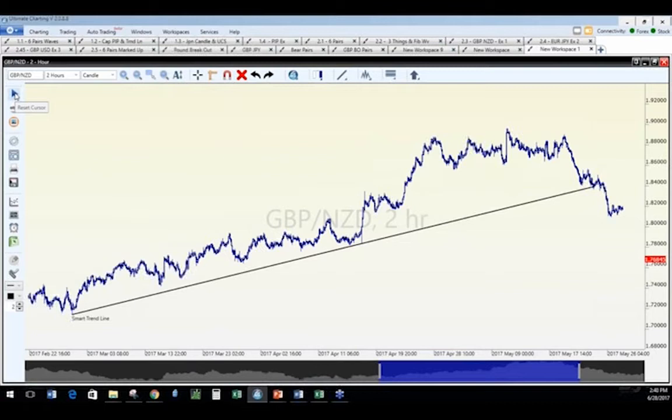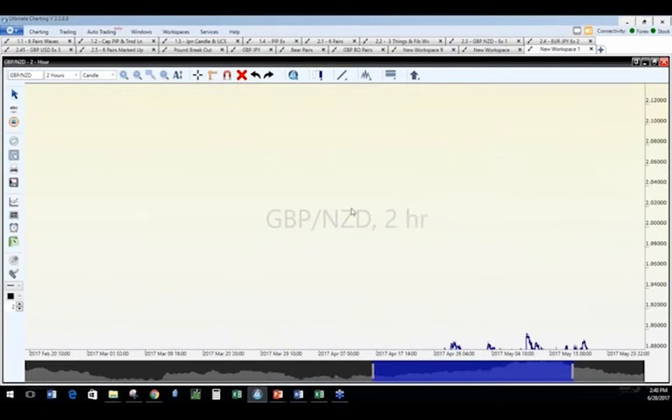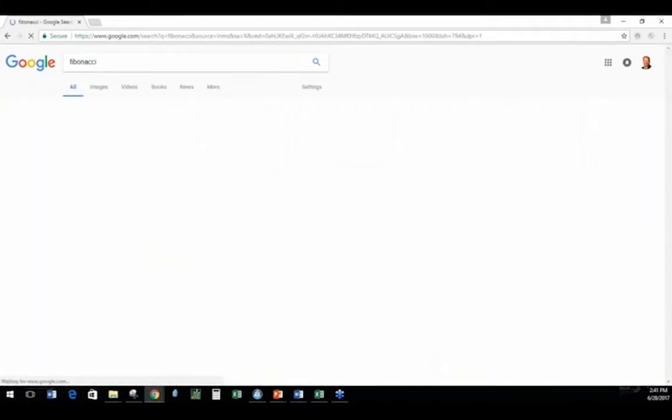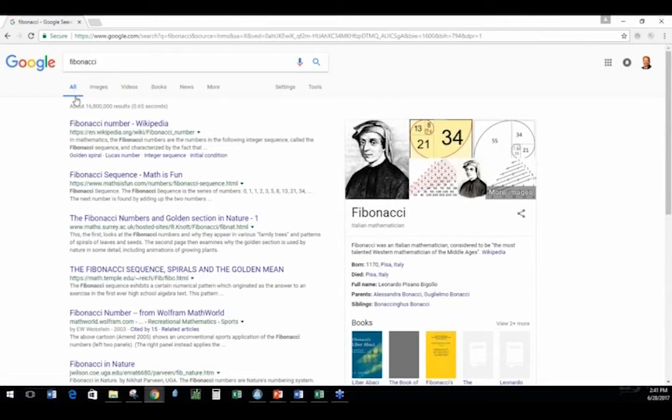But what I want to do to begin with is, one of the strategies that we use is focused on Fibonacci. Do me a favor, type in Fib, F-I-B, if you've ever heard of Fibonacci. And when I go into this, I want to explain to you what it is. There's a gentleman by the name of Fibonacci, a 13th century mathematician, and he discovered in nature that there were numbers that repeated themselves over and over again.